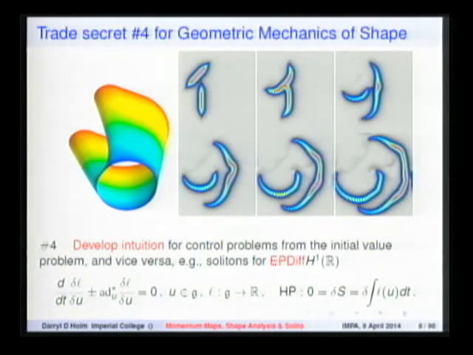So this is a little equation here. It's the Euler-Poincaré equation. In the case when it's just diffeomorphisms acting on H1 on the real line, produces soliton equations. And the structure of those soliton equations expands into any number of dimensions. Okay, it produces it by just Hamilton's principle for a Lagrangian, which is the square of the H1 norm.